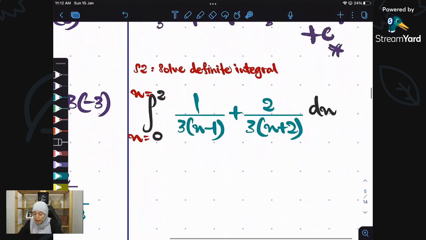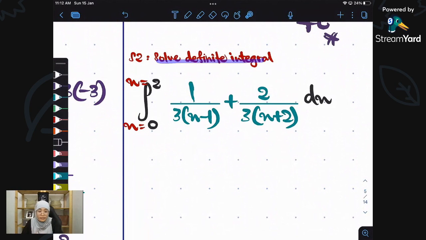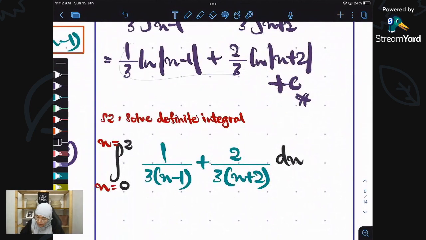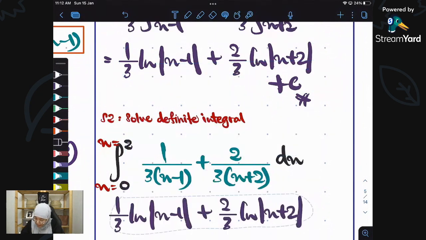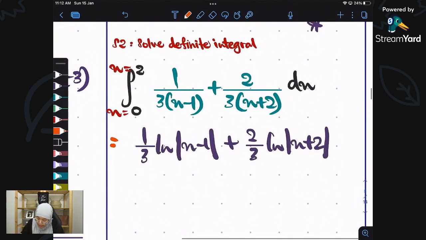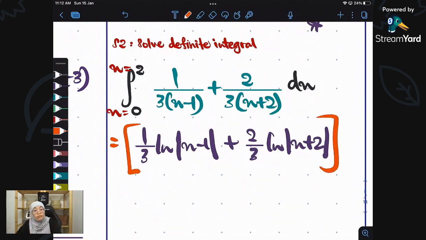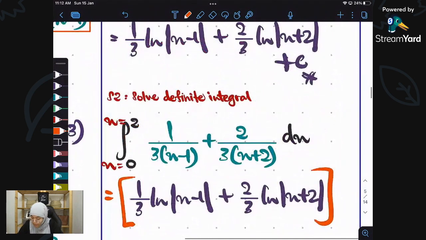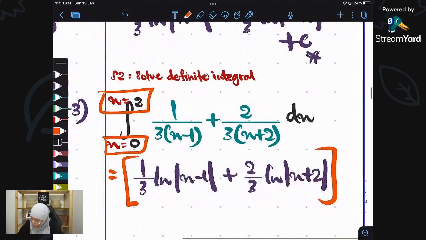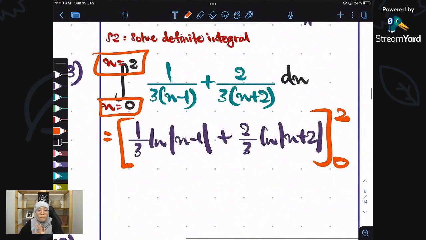Now the second step is to solve the definite integral. It's very easy. We just need to bring this answer, we copy and paste it, but don't bring the plus c. We just have to put a big bracket, and then we write down the limit, which is from where? From 0 until 2. So I put 0 until 2 there. This is your marks, okay?